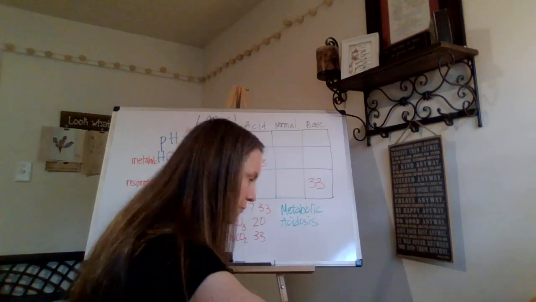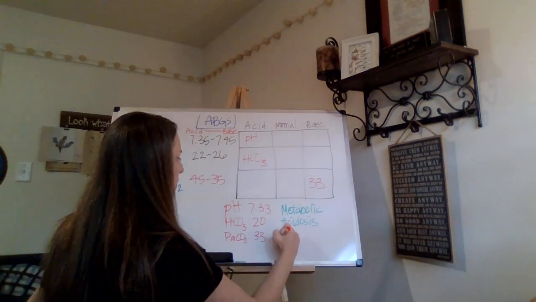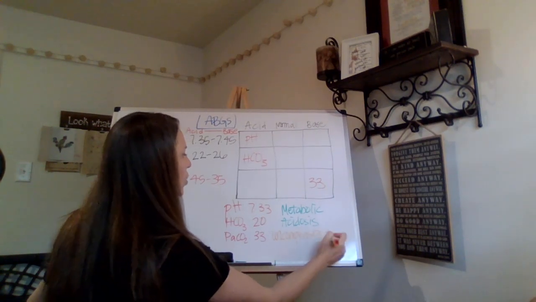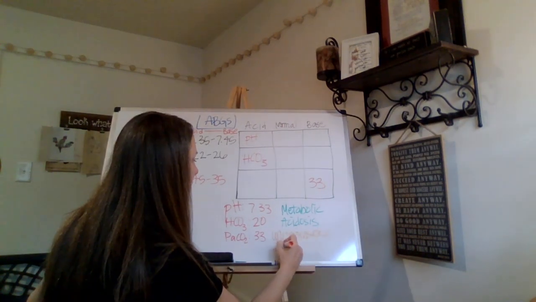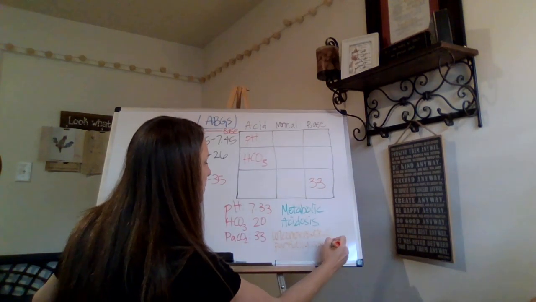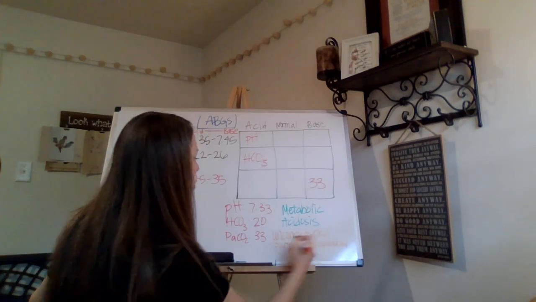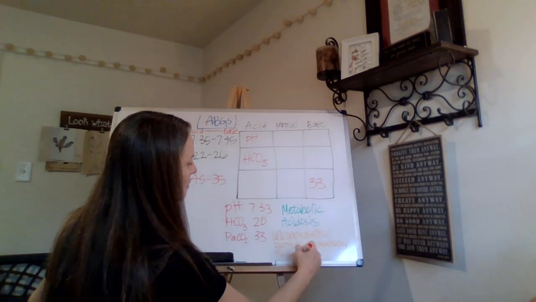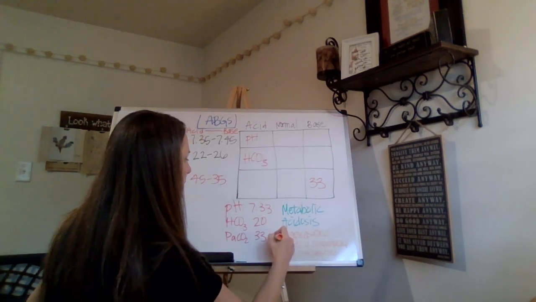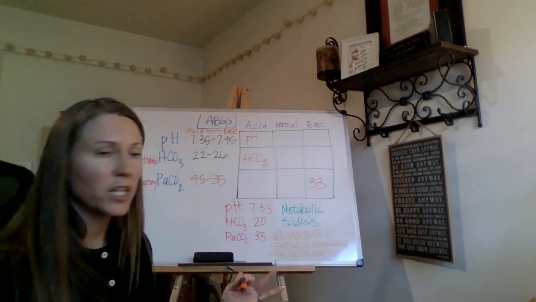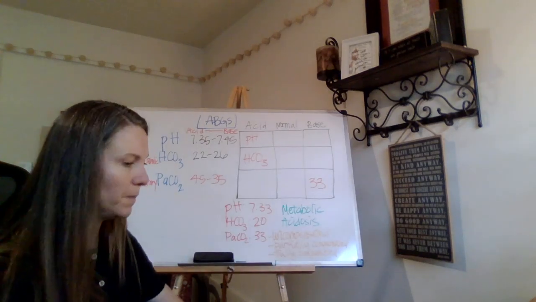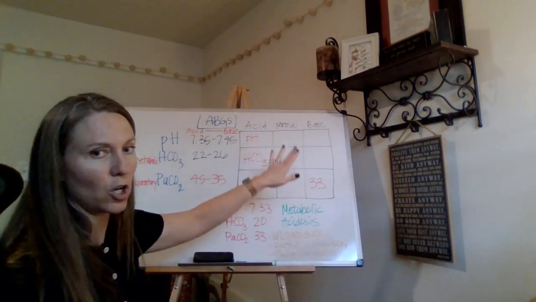Okay, so now I know I have metabolic acidosis, but is it uncompensated, or is it partially compensated, or is it fully compensated? To figure that out, we have to look at where something belongs on the graph.